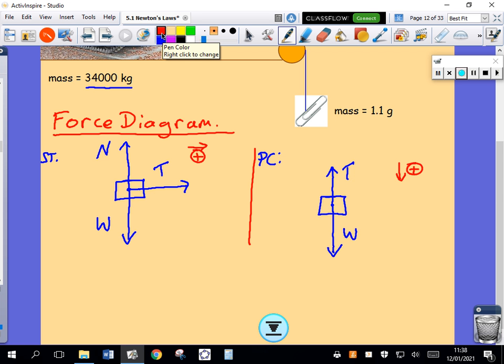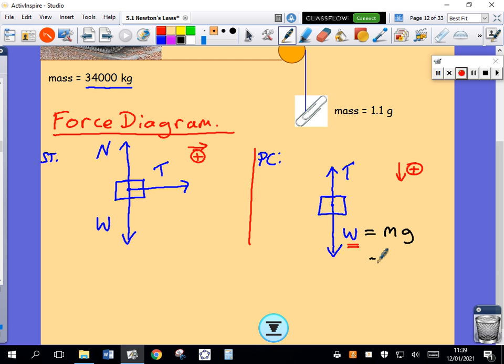Before I do, I want to just talk about this force here, the weight of the paperclip. Okay, the weight of an object, well, F equals ma, force equals mass times acceleration. So the weight of an object is its mass times the acceleration due to gravity, mg. Okay, so the weight of this object is mg.